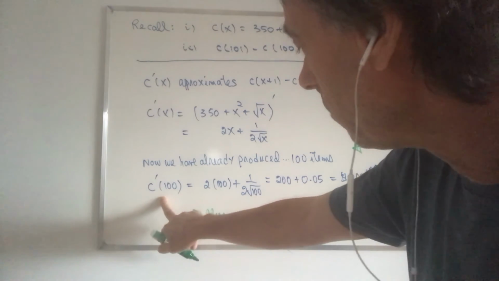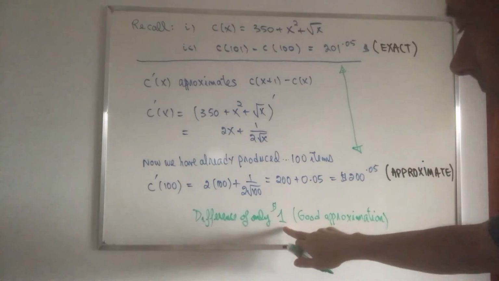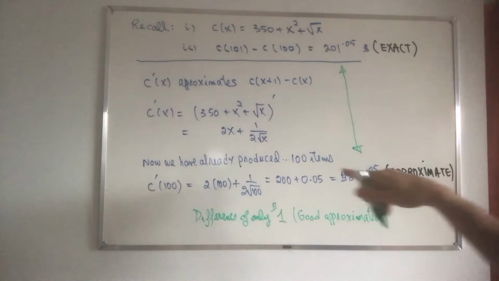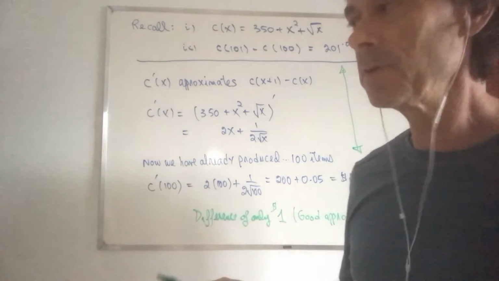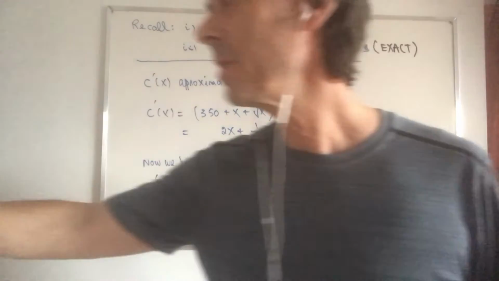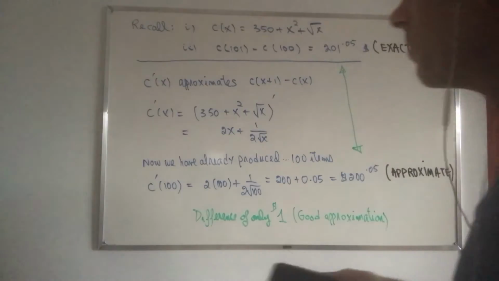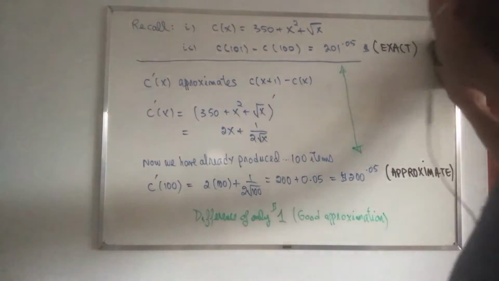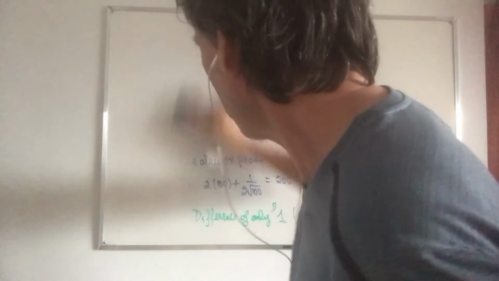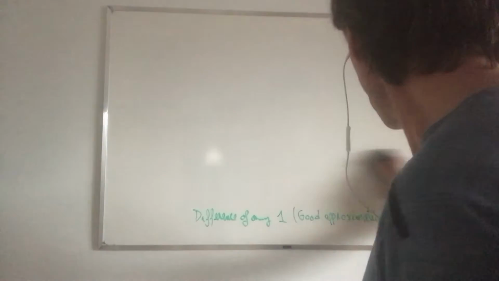It ends up approximating the exact value within a dollar. A dollar over 200 is half of 1%, so it's a pretty good approximation. All right, so that's good as a first introductory example. Now let's take a look at something perhaps a little more involved, with a more economics function in the picture. So, example.